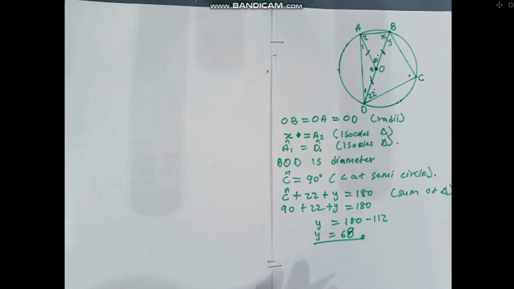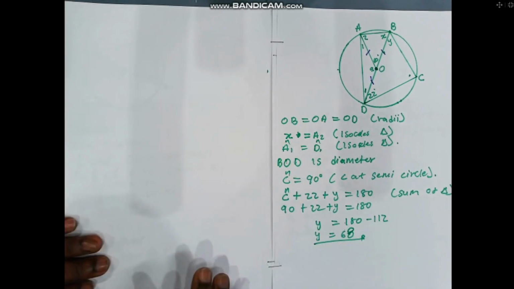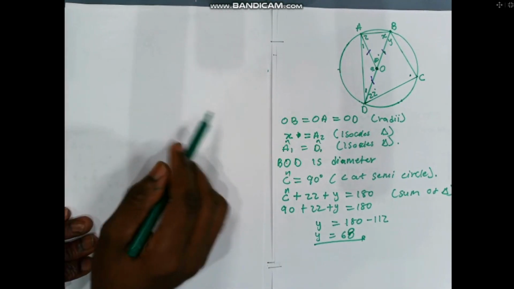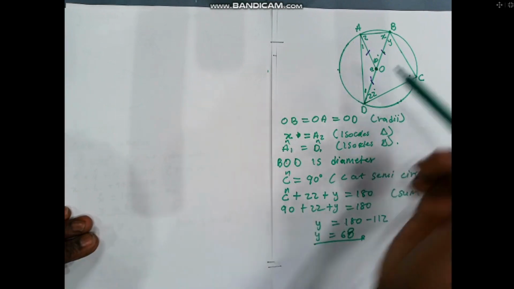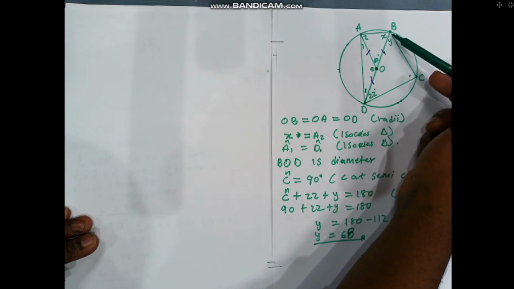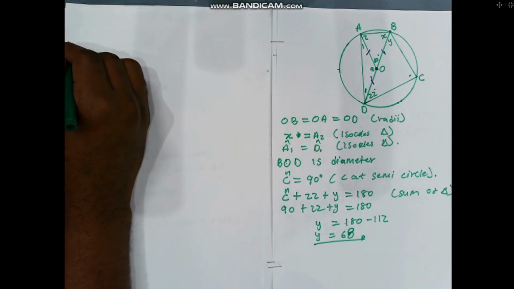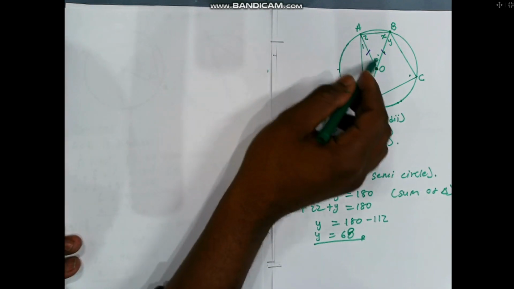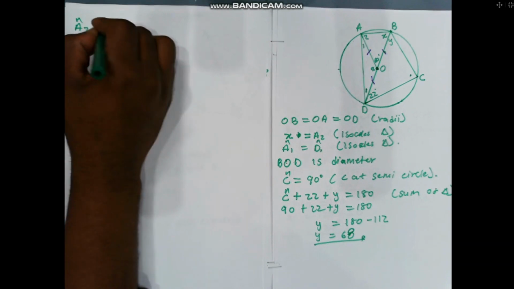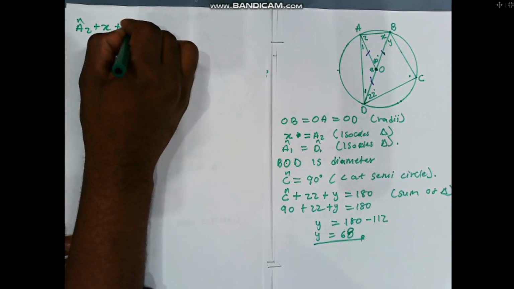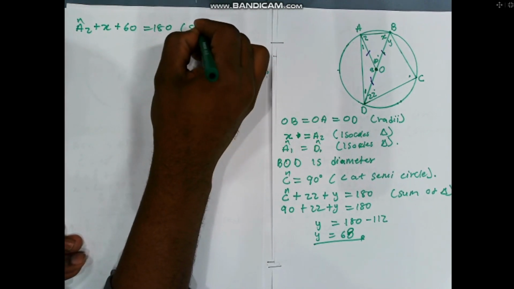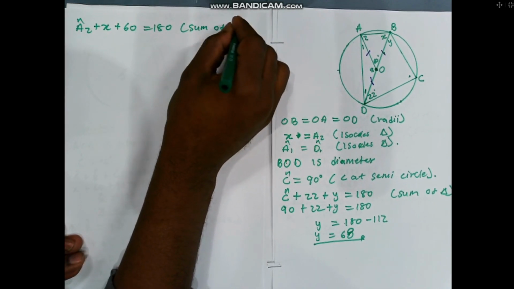Then now calculating the others from our statement that we did here. Calculating x, we know that AO and OB, those are radii. So now if we just write this, A2 plus x plus 60, that is a triangle, adds up to 180, sum of angles in a triangle.